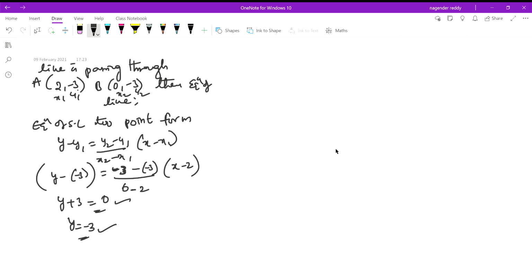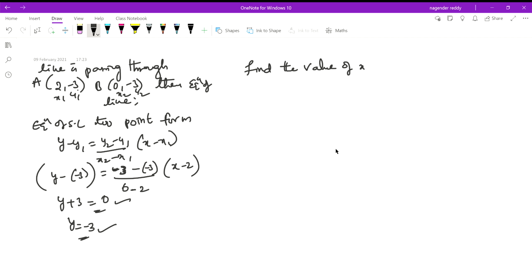So we'll discuss more types of this. We'll go for one more problem: find the value of x. These are important points we are discussing here. If you have any doubt, you can comment in the comment section.